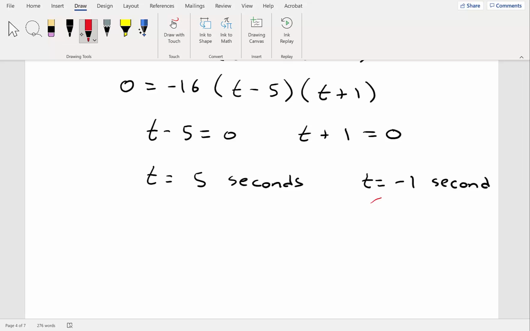So you have to get rid of that negative result, because you can't have a -1 second. Doesn't make any sense. So the time that it's going to take for that cardboard shell to hit the ground is 5 seconds. Just be careful, and make sure that your answers make sense with the context of the problem.